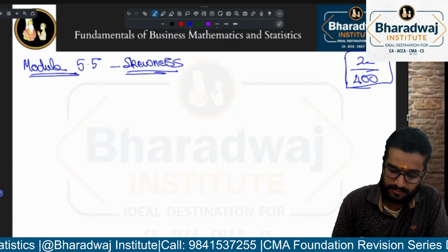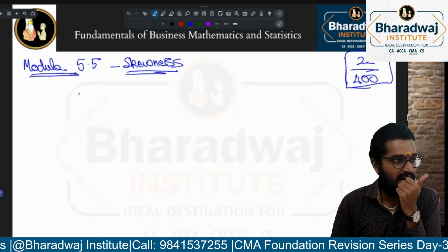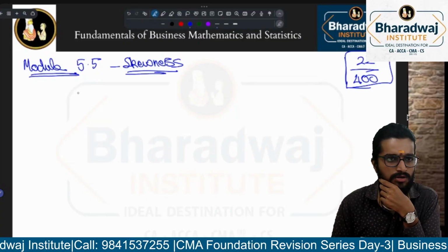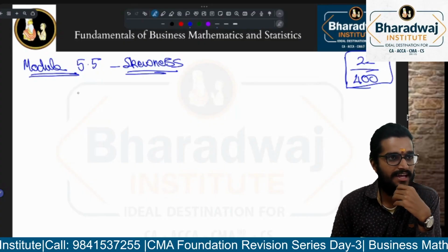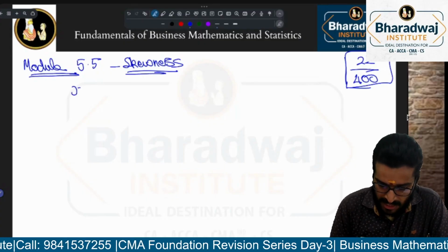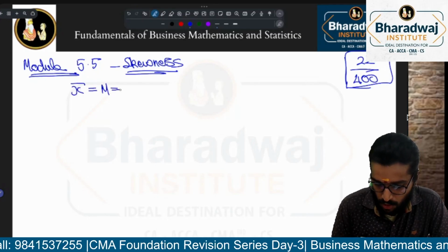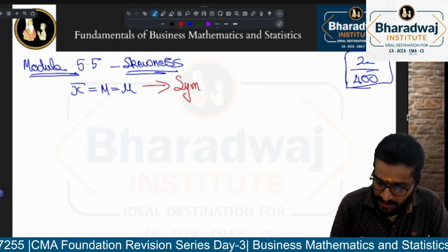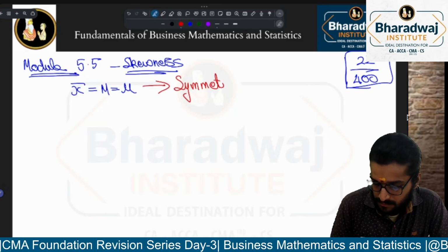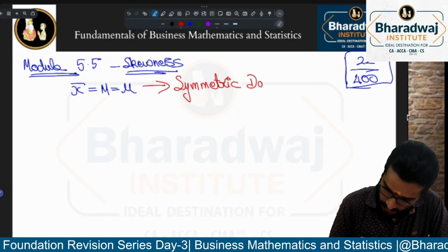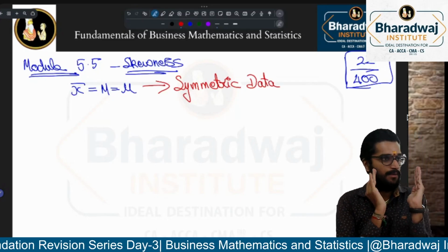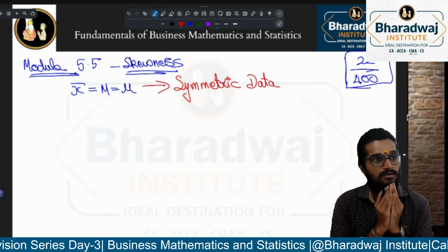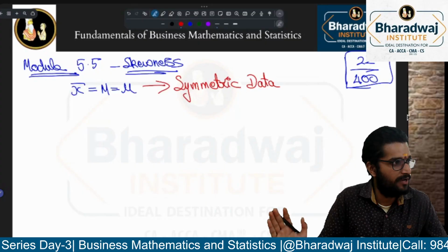Skewness. While discussing measures of central tendency, at the last part I mentioned that any data set where mean equals median equals mode, we call symmetric data. In general, the population is symmetric, but it's not possible to measure the entire population.